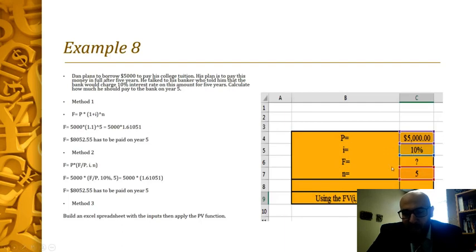F is the missing one, so we're looking for F. To use Excel, just type equal FV and select the parameter i, which is the 10%, comma, the n, which is the 5 years, comma, there's a payment, we don't need it, it's optional, and comma, the present value, which is the $5,000, and that will give you the future value of $8,052.55.